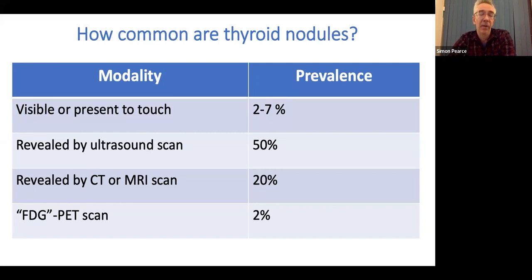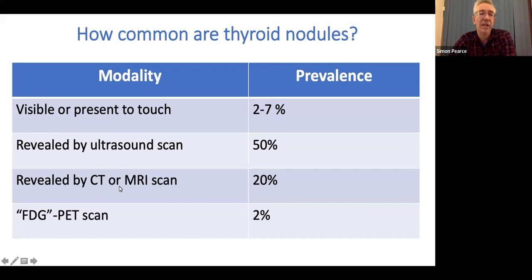And that's commoner in women than in men. If we do an ultrasound, though, depending on the age, roughly 50% of adults will have a thyroid nodule detected by ultrasound. Most of those are really small, less than a centimetre, but many people have larger benign nodules, which is just part of life.